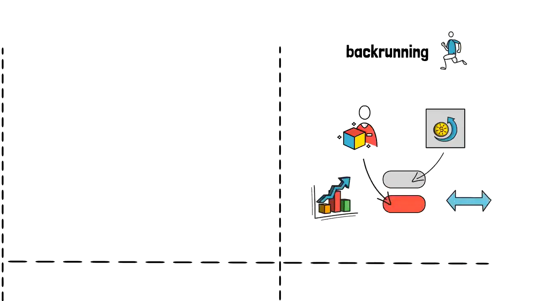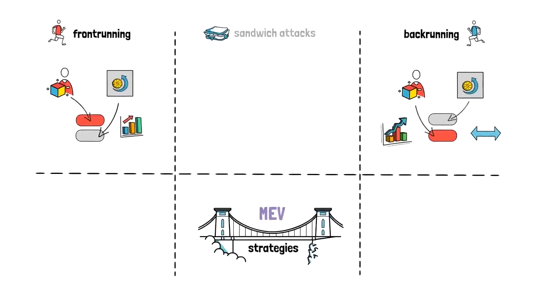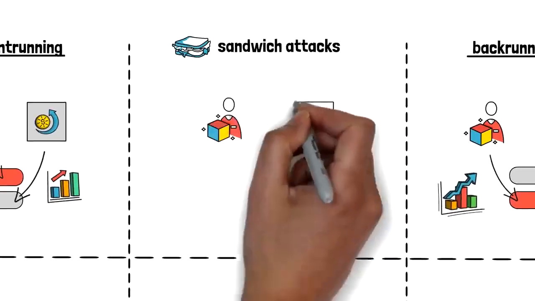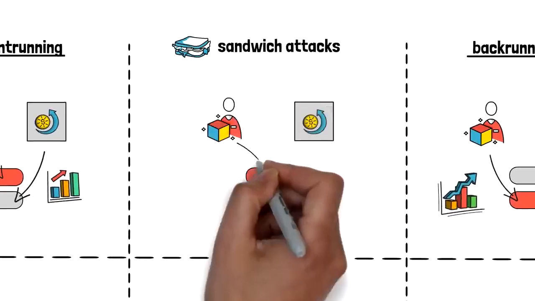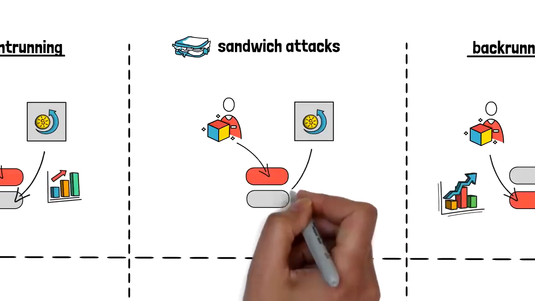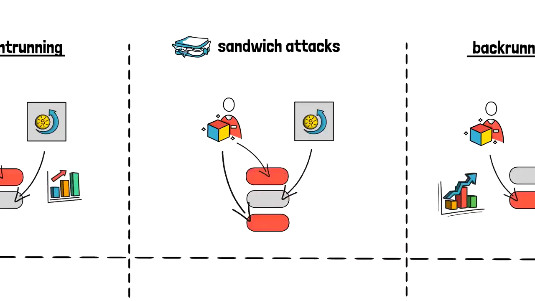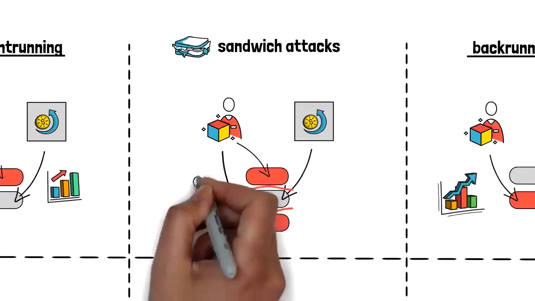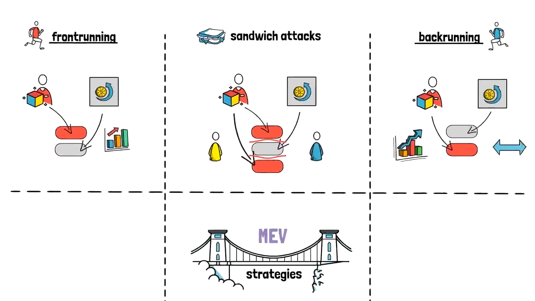Sandwich attacks, a combination of front-running and back-running. Proposers see a large order, place their own order ahead of it, front-run, and then place another order after it, back-run. Essentially, they sandwich the user's transaction. That is what happened in our previous Alice and Bob example. Censorship.